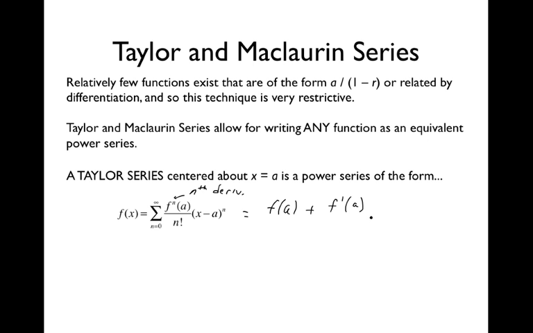What else? No, we're evaluating for n equals 1 now, right? So we got 1 factorial and (x minus a) to the 1. All right, what's the next term?